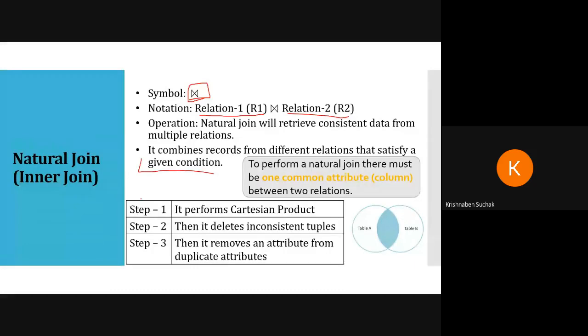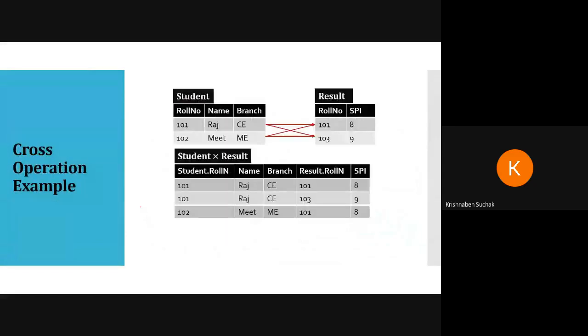Now see, there are three steps in inner join, or you can say in natural join. First, it will perform Cartesian product. That means it will perform the cross operation. In cross operation, we saw that even if the values are different, it will show the result. Here, Raj and Meet's results are shown with respect to 8 SPI also, and with respect to 9 SPI also, both.